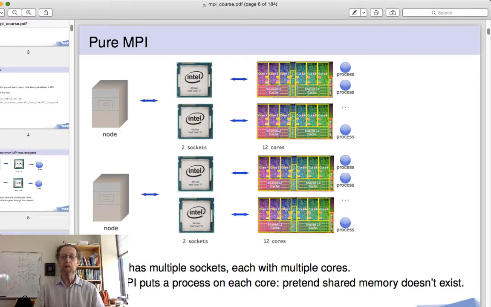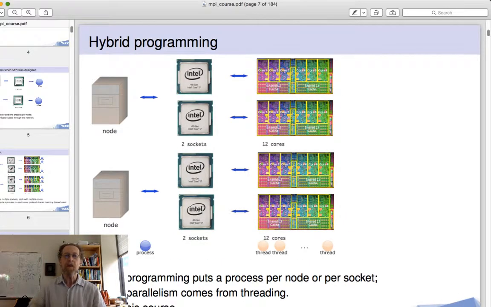So basically we pretend, to first order of approximation, that shared memory does not exist. Now you could, of course, run one process on your box, and that spawns threads on all of your cores. That's called hybrid programming. But that's more complicated, and we will not talk about that at first.